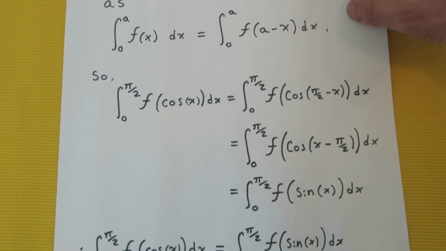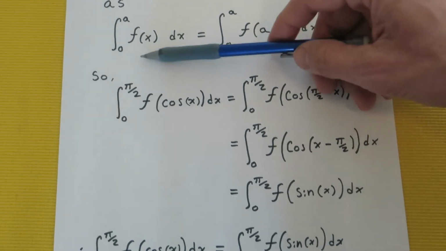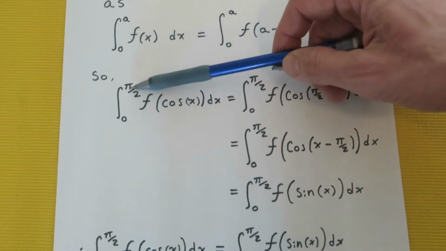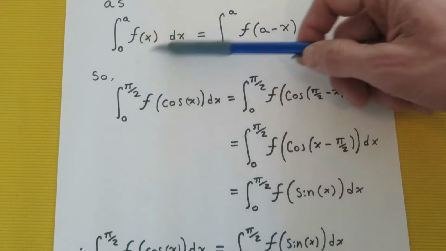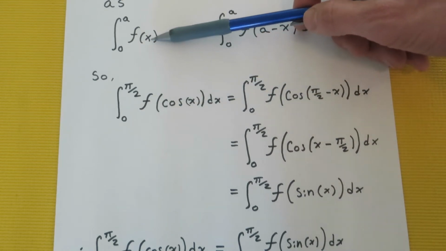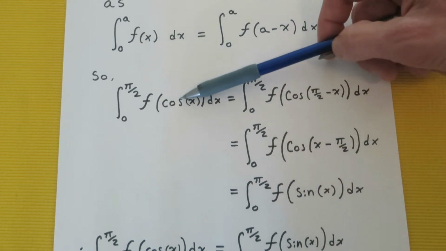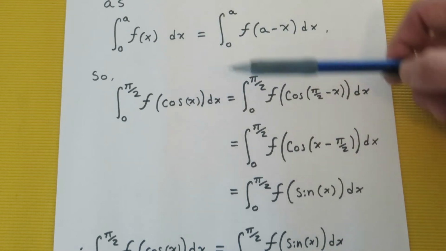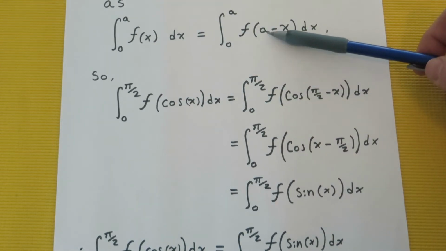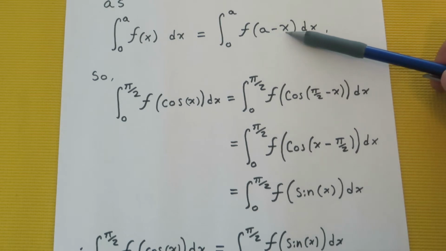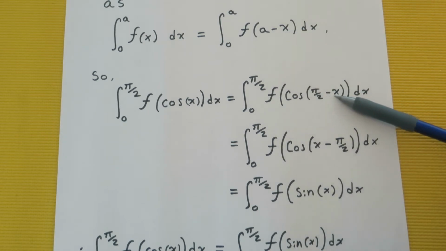So in other words, just doing a little bit of mirror matching here, our a is pi over 2, our function is f of cosine of x, and we're just plugging a minus x, or pi over 2 minus x, into that and saying that this is equal.